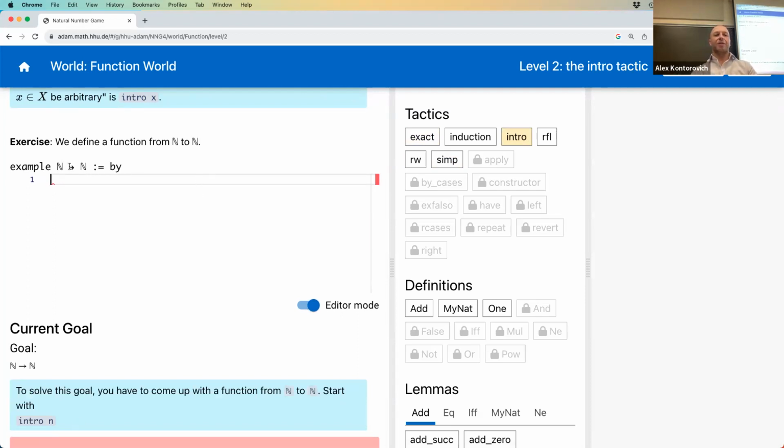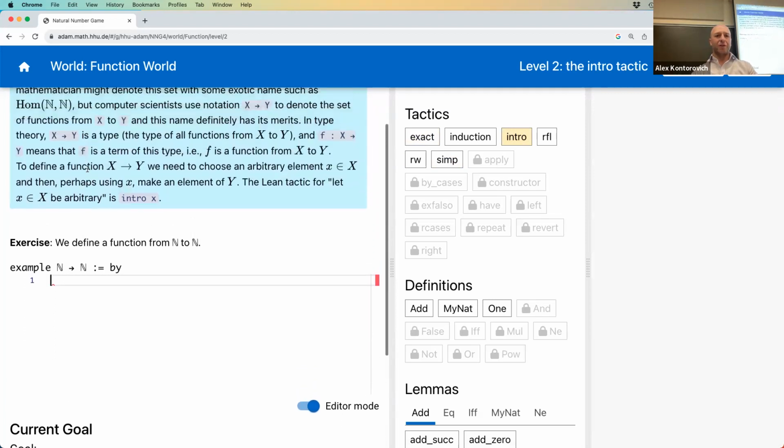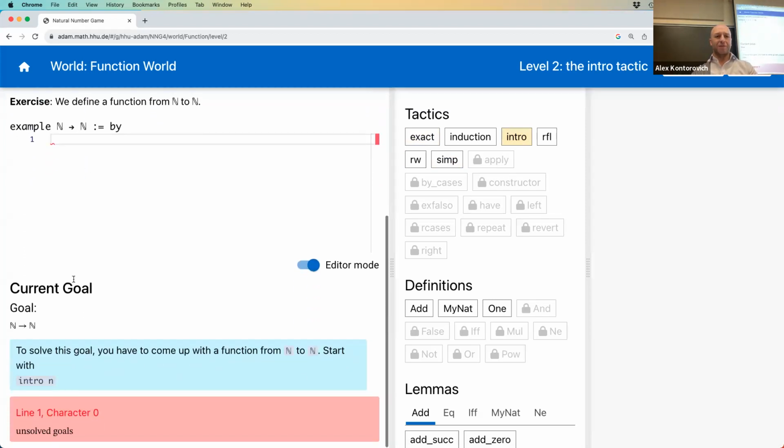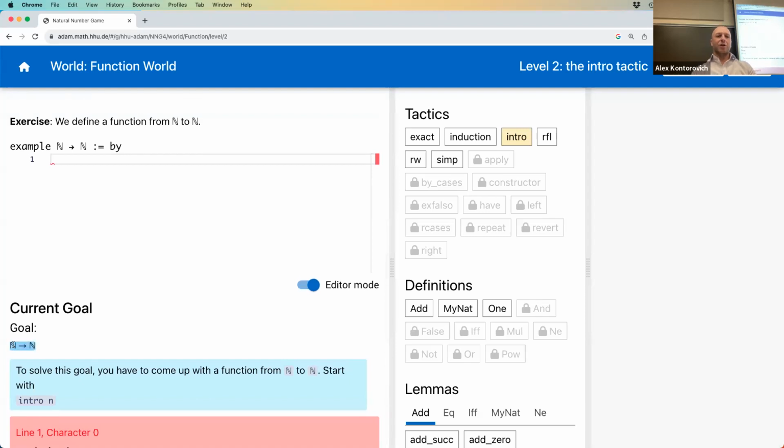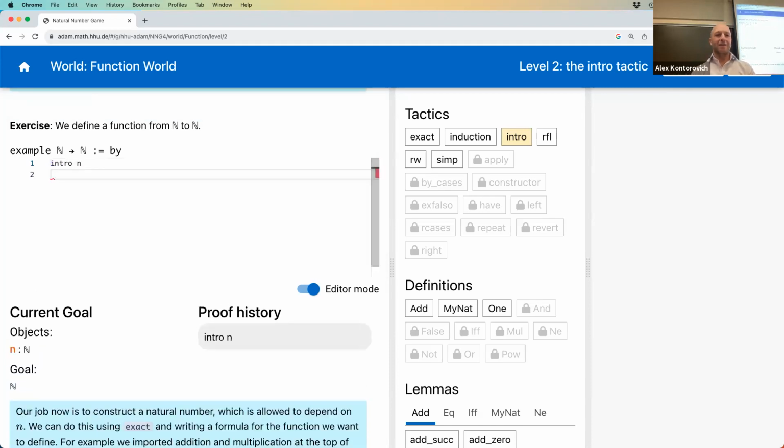So an example is we want a function from the naturals to the naturals. That's our goal. So whenever you have a function from something to something, the first thing you could do is give me that thing. Give me the thing that you're starting with. So that's called intro. So the tactic is intro n, give me a natural number.